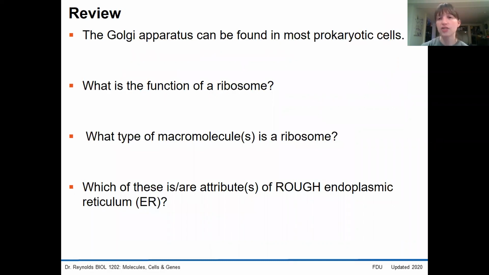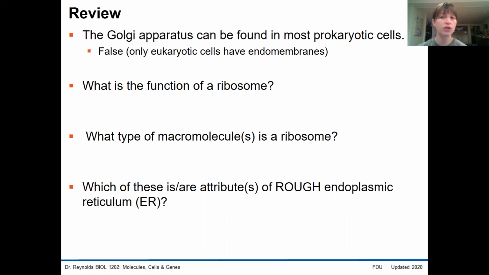All right, here's 4 more questions for you to try. Pause the video and come back when you're done. The first question is a true-false statement. The Golgi apparatus can be found in most prokaryotic cells. Well, this is false.